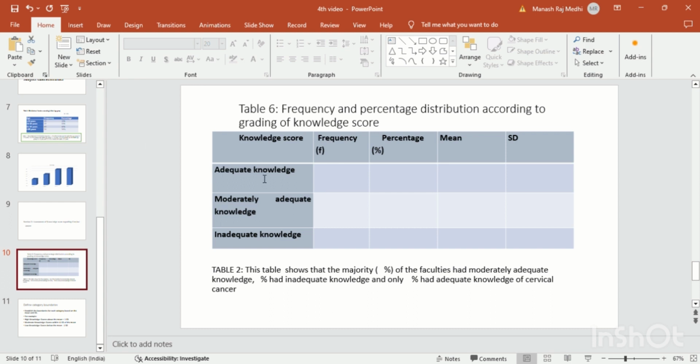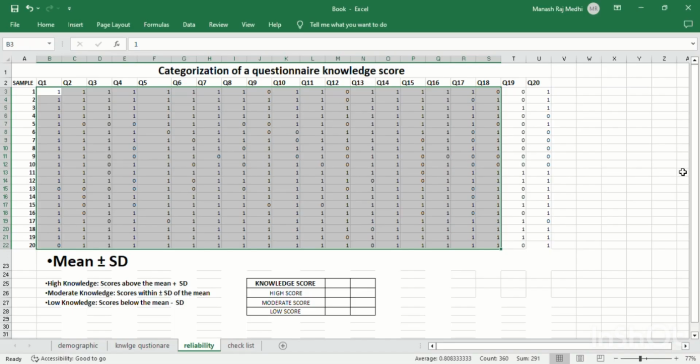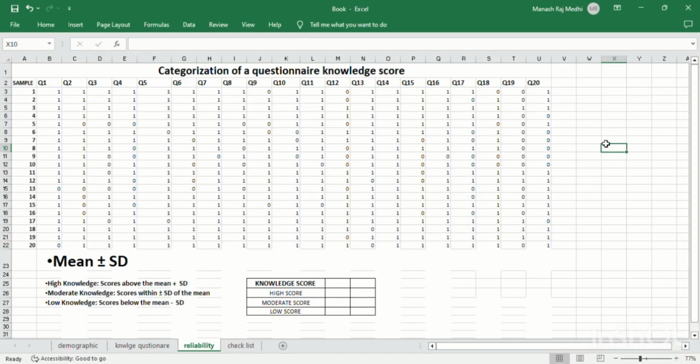So how we can calculate this, I will show you with the help of an Excel sheet. This is one of my questionnaires which I have administered to 20 samples. This is how you have to place the scores obtained by your samples.